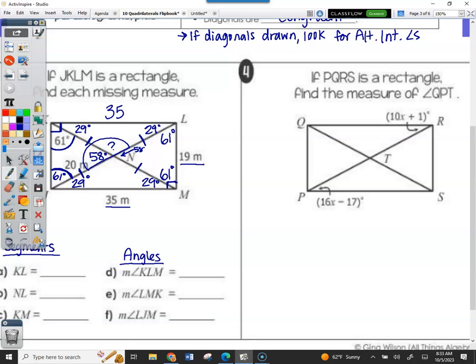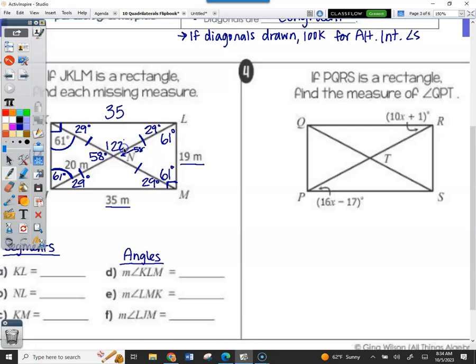Two ways to find it. You got the linear pair. You can do 180 minus the 58, or you can focus your attention on this triangle and do 180 minus 29 and 29. I'm going to do 180 minus 58. So what would that be?